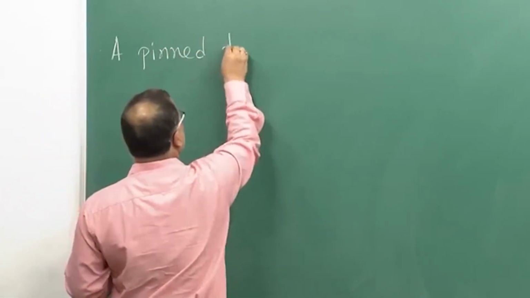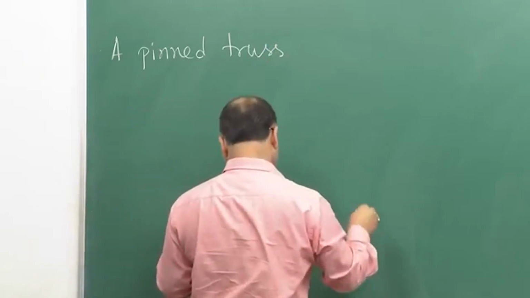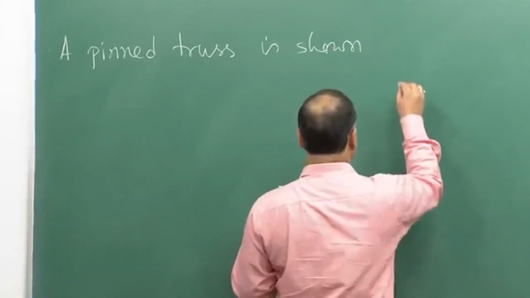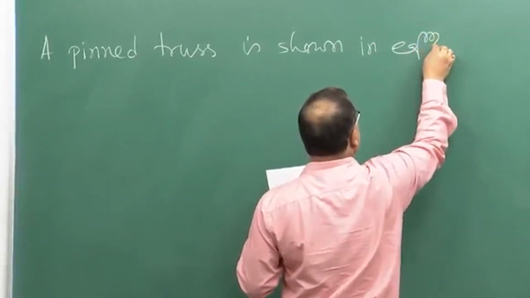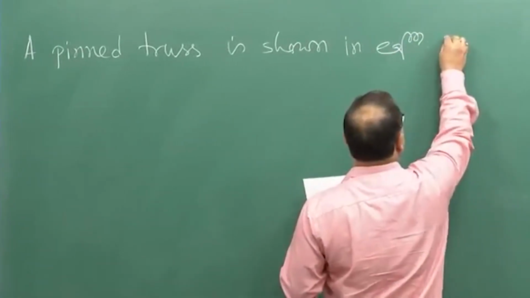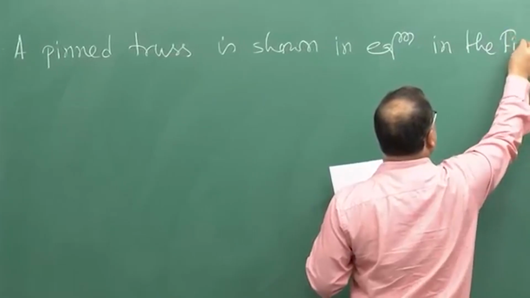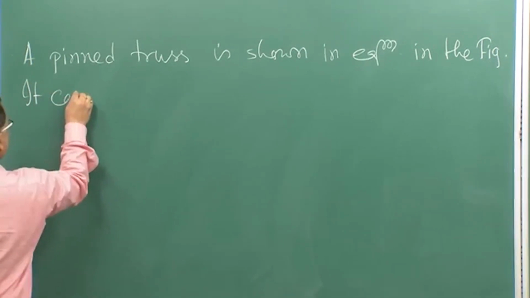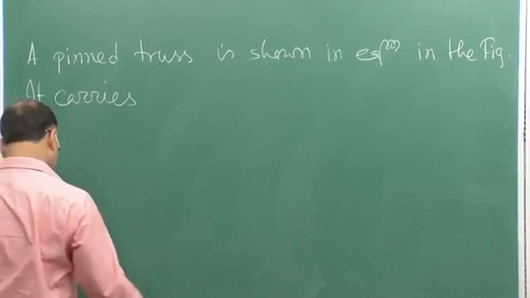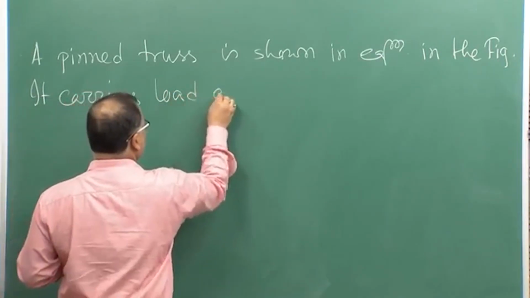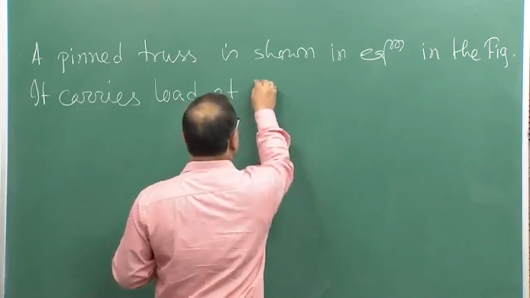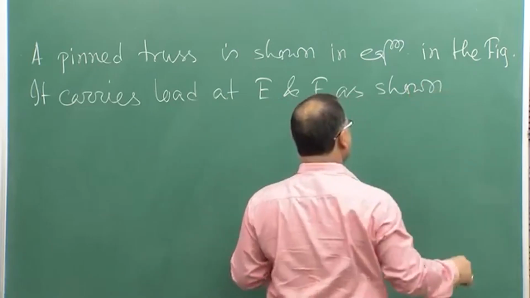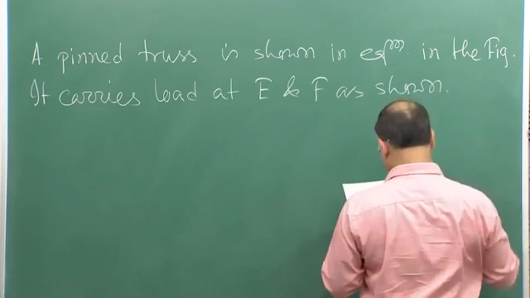A pinned truss is shown in equilibrium in the figure. It carries a load at E and F as shown. I will draw the figure after this.